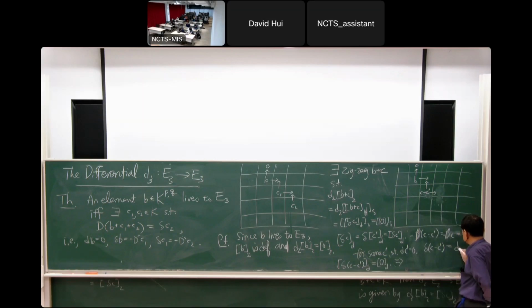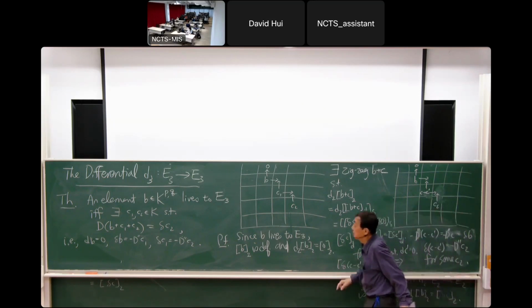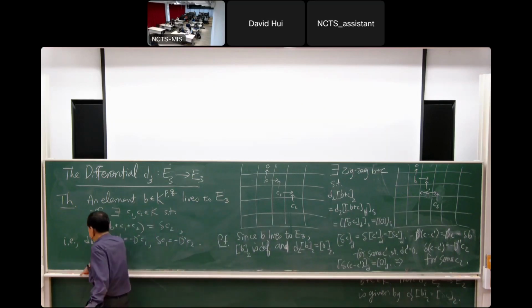So it has to be D of C2 for some C2. Okay? So there is a C2 here. Now, okay, instead of D of C2, we should do minus D double prime C2. Okay? And now you call this C minus C prime your C1.